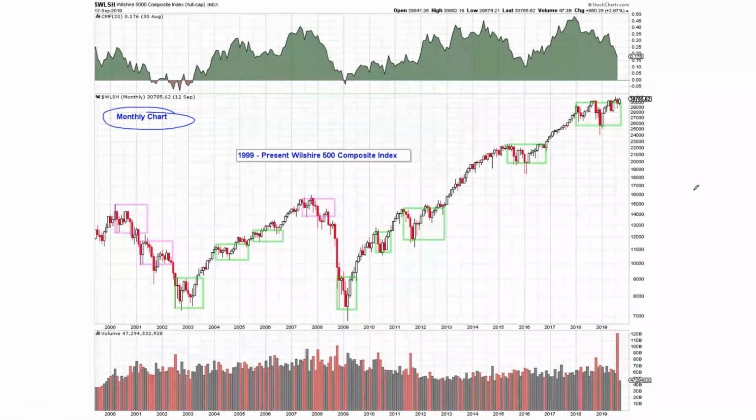And the Wilshire 5000, it says 500 there, that's a mistype, should be the Wilshire 5000, is pretty much the entire broad stock market. So this looks at the last 20 years of the Wilshire 5000, which is just a great way to get perspective on the U.S. market. I know there are other people besides U.S. people involved here, but this is the U.S. market for the last 20 years.